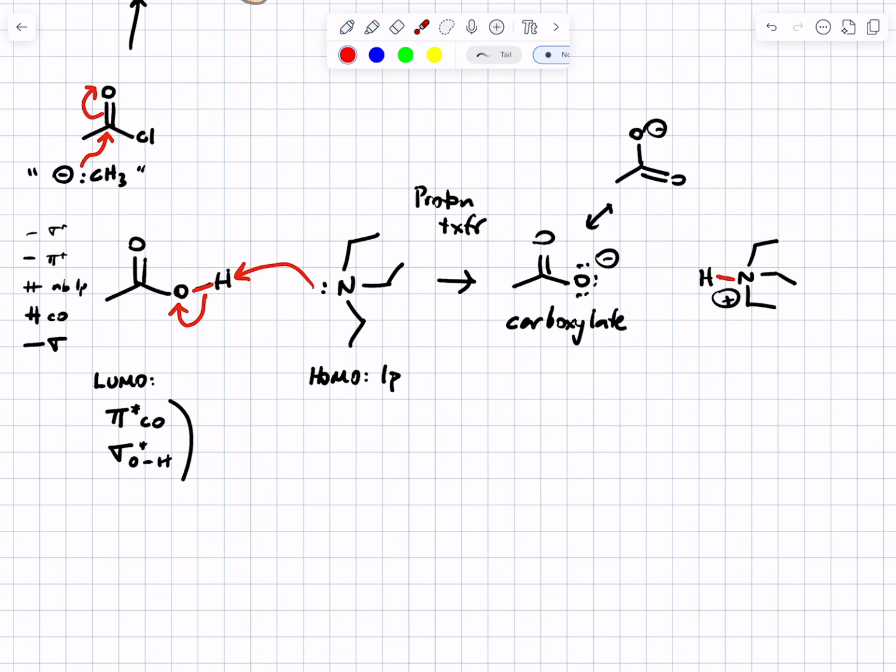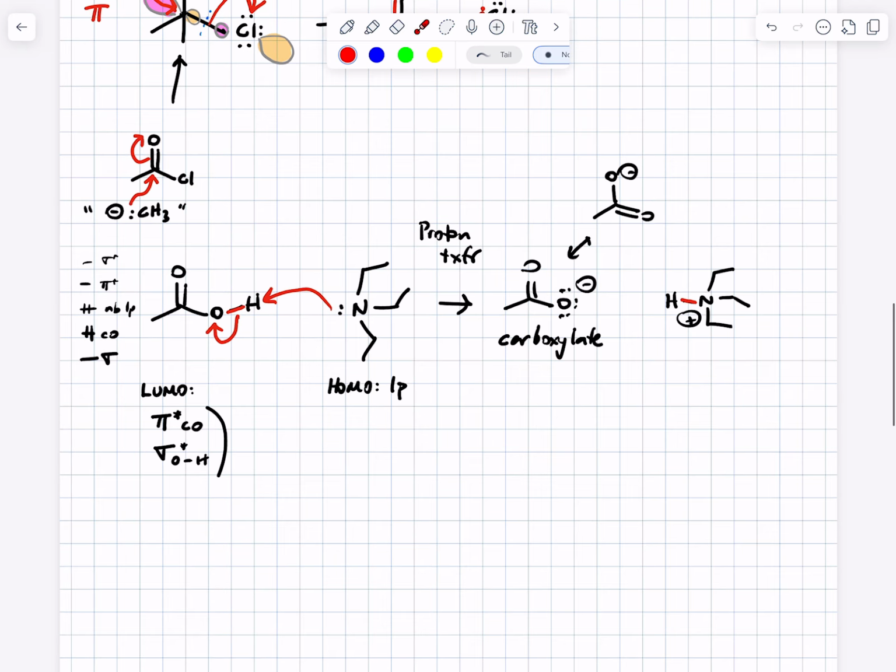The point is, when you get in a situation where you have multiple things that could be the LUMO and they're somewhat competitive with each other, one good rule of thumb here is that hydrogens are smaller than carbons, so they are easier to attack than carbons. But as to why the nucleophile prefers to attack the hydrogen than the carbon, we're going to give you some tools to recognize when this hydrogen is especially acidic or especially prone to being removed. Okay.